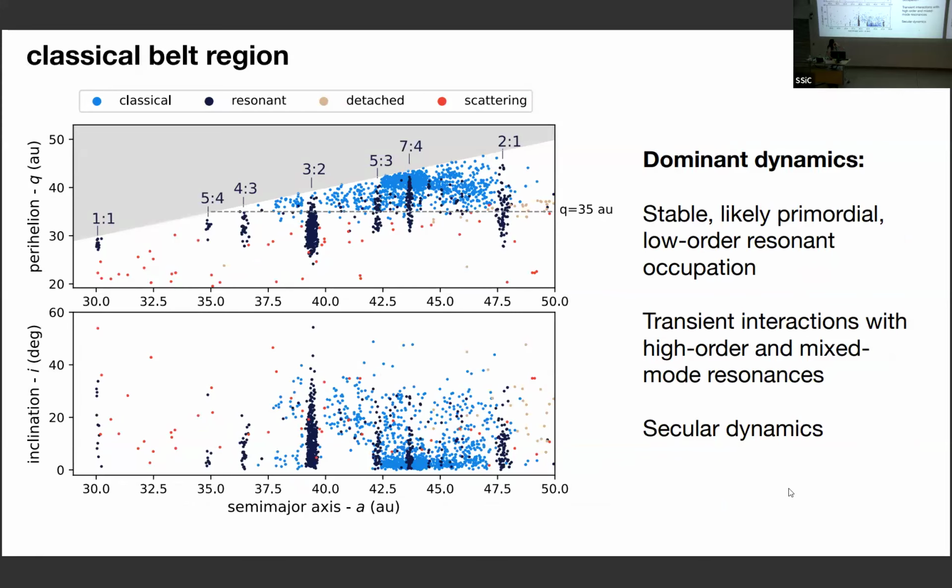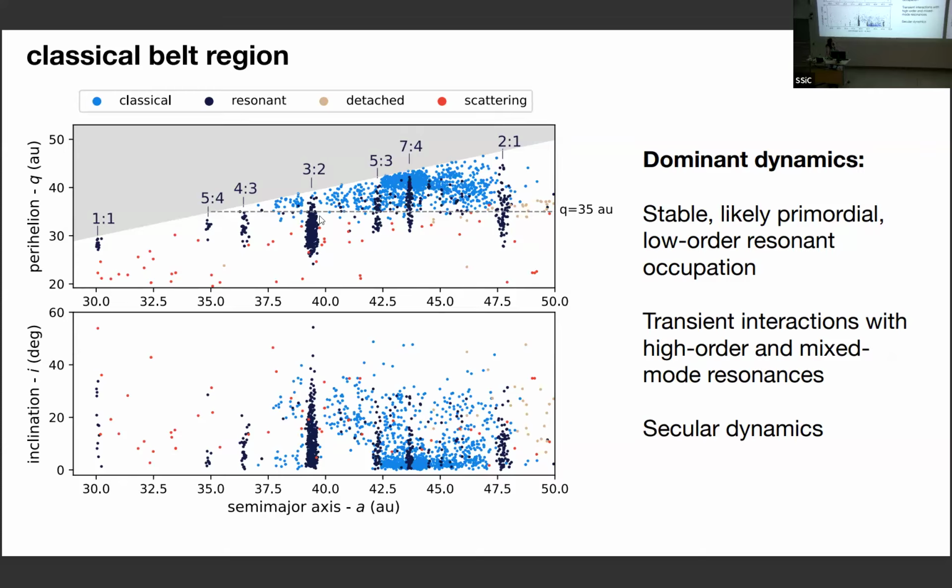So again, moving a little bit closer into the classical belt region, the dominant dynamics here are kind of long-term chaotic diffusion due to interactions with resonances. So you can see the classical belt objects mostly have perihelia larger than about 35. They're not coming in super close to have close encounters with Neptune.